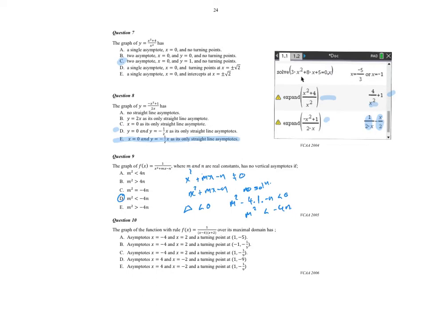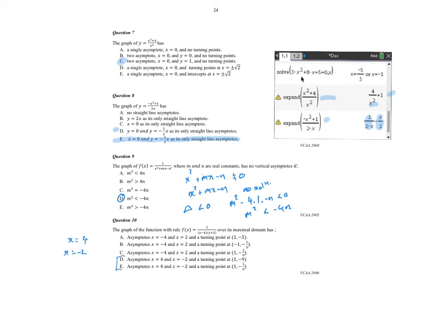Keep working straight along. The function over its maximum has asymptotes at, well, even without sketching it, but we will. We have asymptotes at x equal to 4 and x equal to minus 2. And just from the knowledge, there's going to be a maximum. So x equal to 4 and negative 2. So it's these ones there, isn't it?